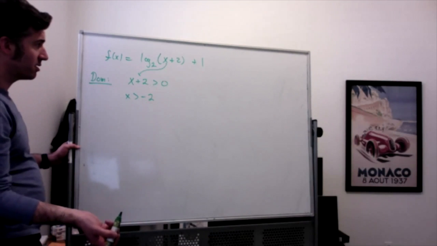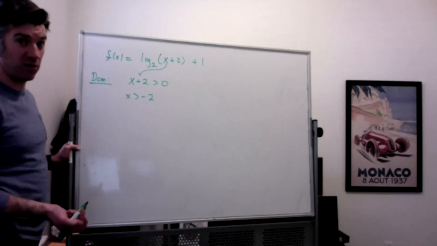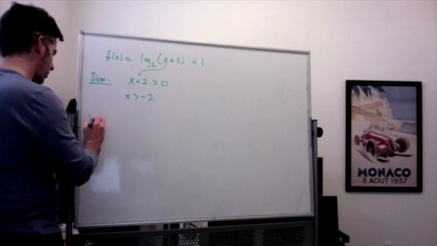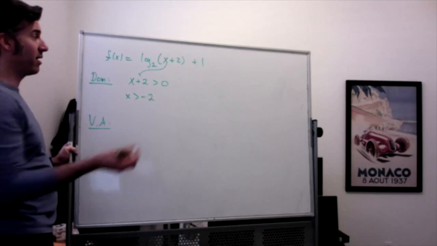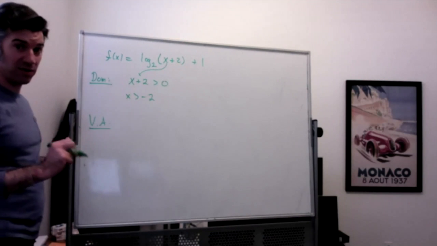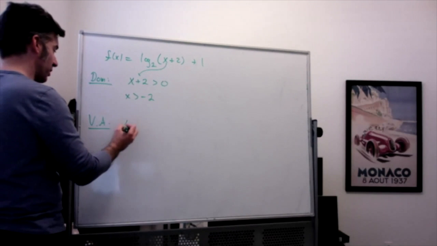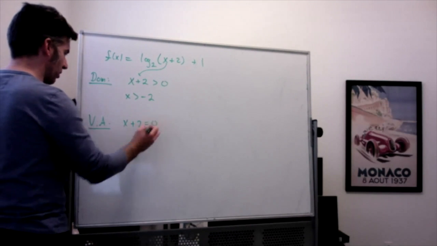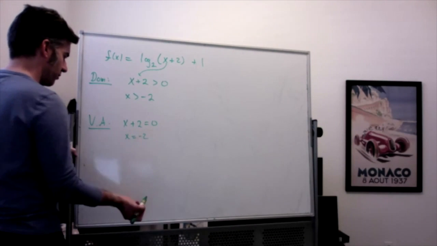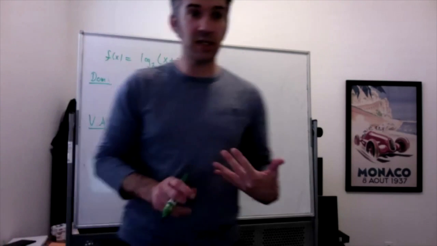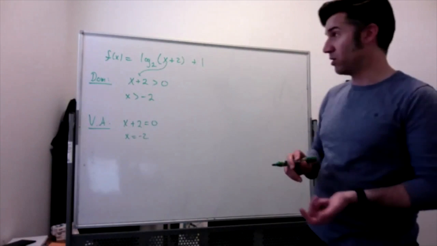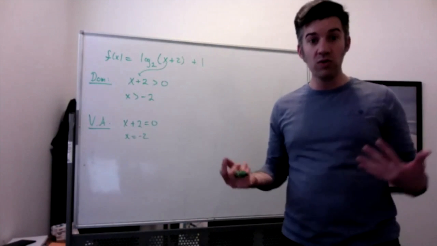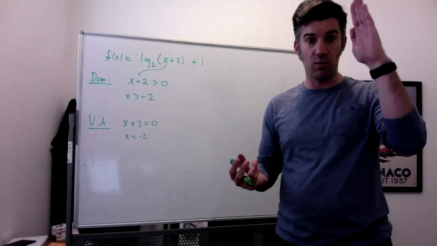And in fact, that also tells us where our vertical asymptote is. The vertical asymptote for a logarithmic function is where the insides of the logarithm are equal to 0. So the vertical asymptote occurs when x plus 2 equals 0, which is x equals -2. You also could have seen this because you know how the transformation of this graph works. We know that the logarithm usually has a vertical asymptote at the y-axis, right?